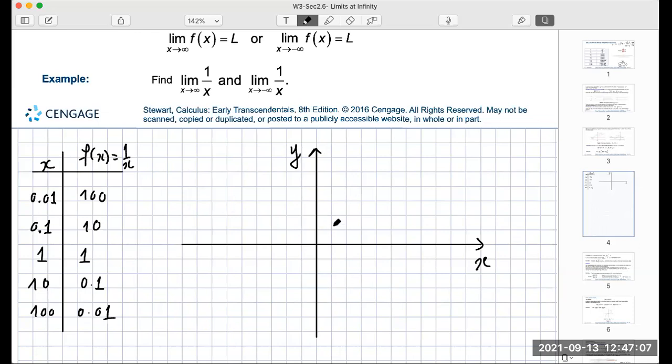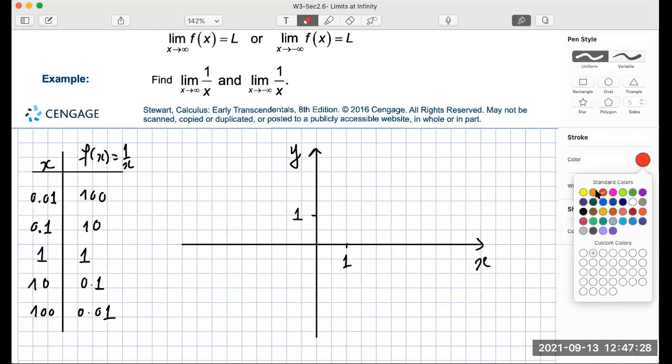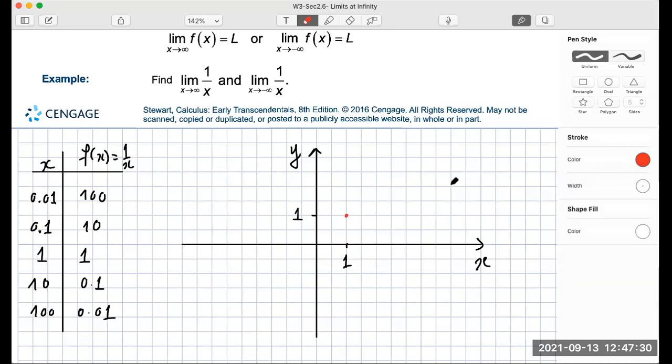So suppose here is 1, 1, right? The point (1, 1) belongs to the graph here, right? And x is equal to 0.1, it should be somewhere here. Then y will become very large, it will be somewhere here.